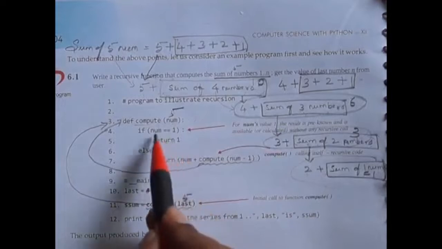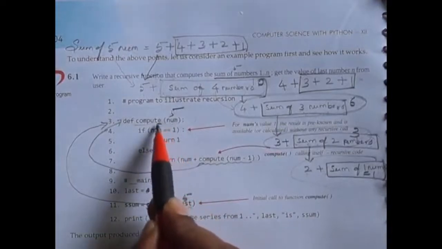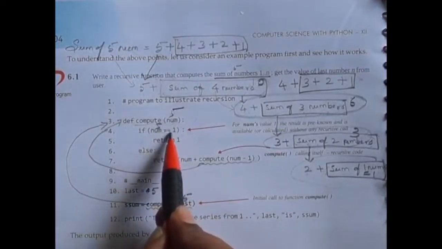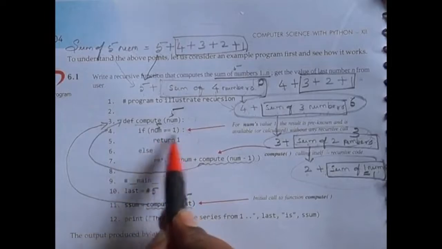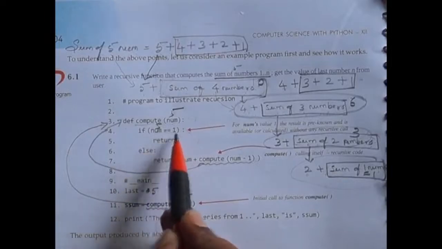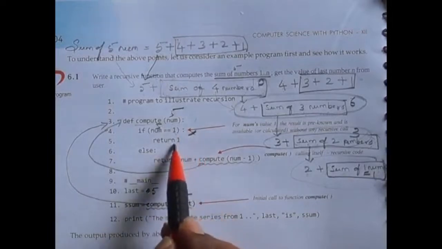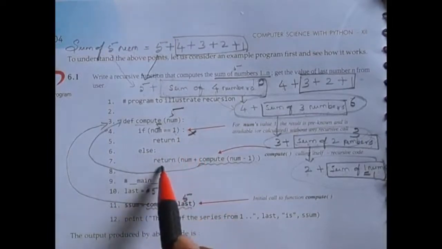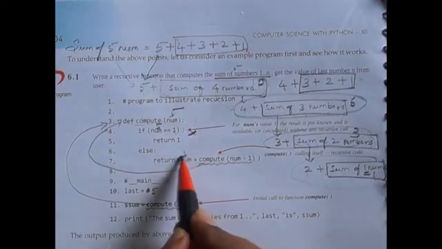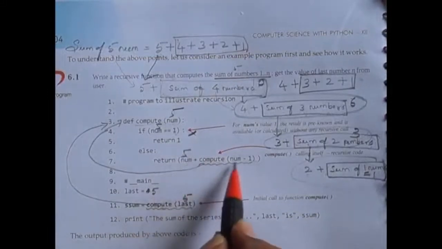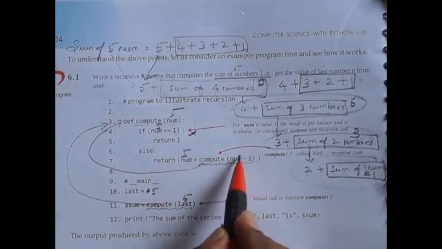Okay. So what is the num value? 5. If 5 equal to 1, is this condition true or false? 5 equal to 1. This condition is false. Since this condition is false, we have to come to else statement. So here num means 5, I told you, num plus num minus 1, that is nothing but 5 minus 1, it is 4.